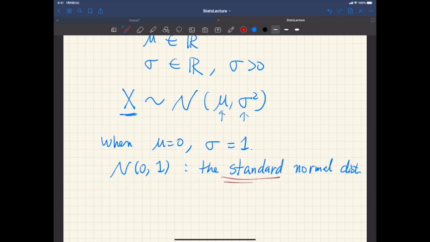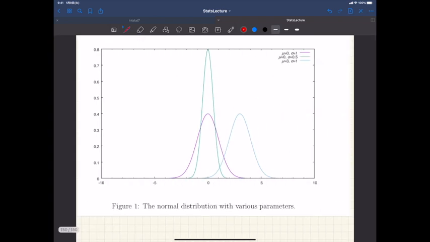This one is standard. And the density function looks like this. When mu is 0 and sigma is 1, it's this purple line. This is symmetric around 0, so this is x equal to 0.